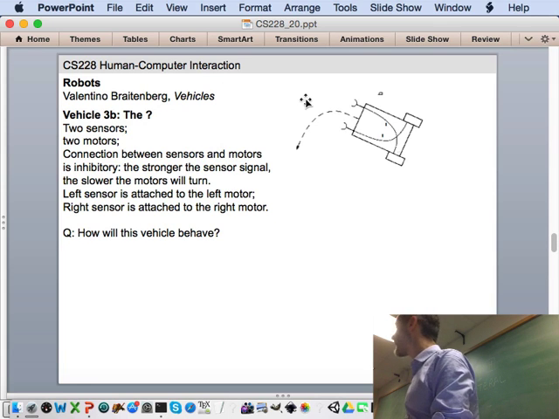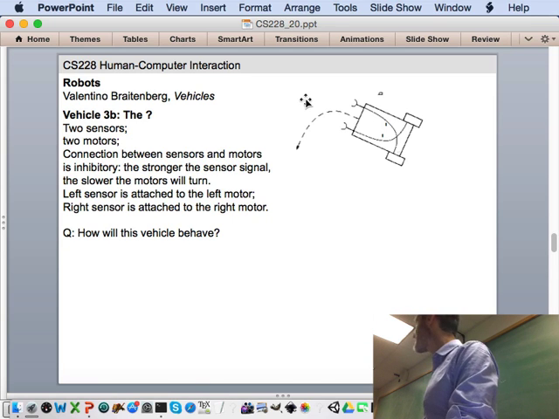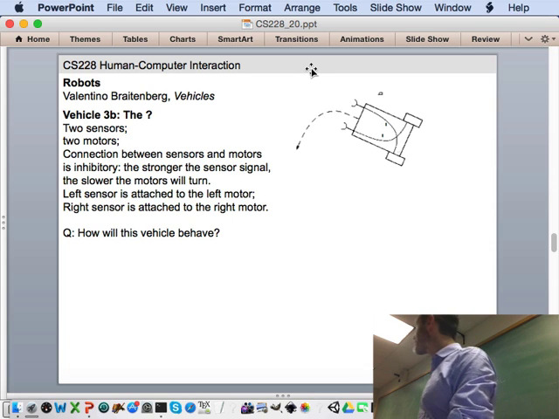Okay, second to last one, vehicle 3B. This one's a little trickier. So contralateral connections, again, inhibitory connections, the minus signs. What happens with this one in the presence of a light source? It'll turn away and then stop. Let's put the light source here, which will inhibit the right-hand side.